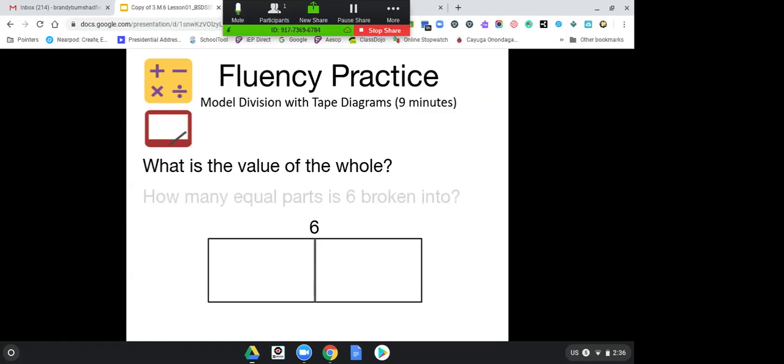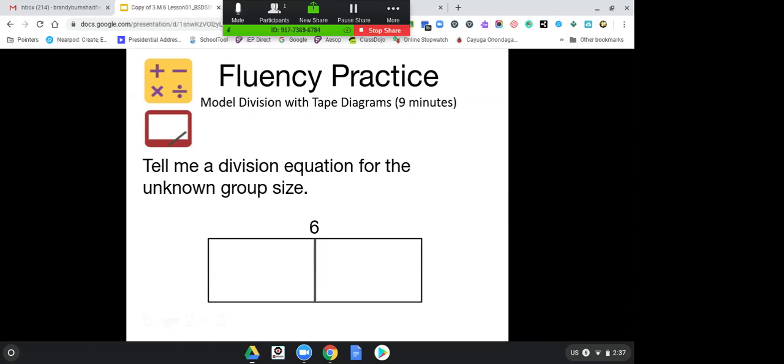The value of the 6 whole, how many equal parts can the 6 be broken into? And it would be 6 can be divided with a line into 2 groups. 6 divided by 2 is 3. 3 would go in each box because 3 plus 3 equals 6.